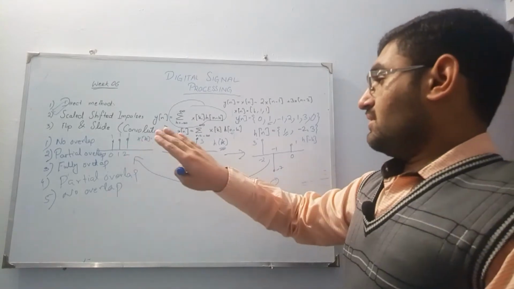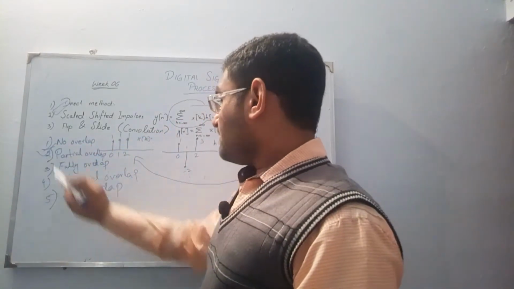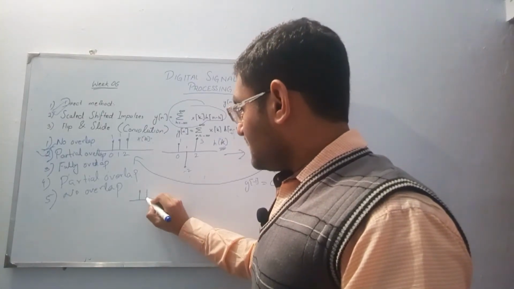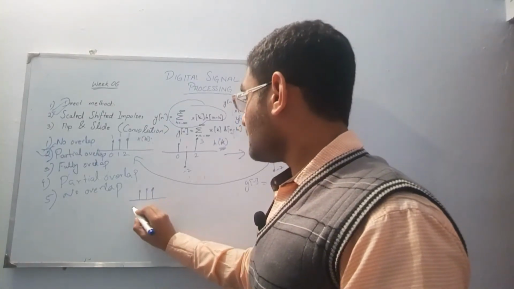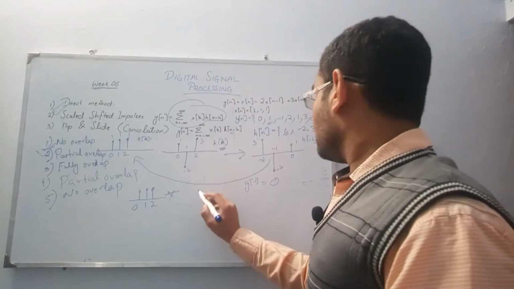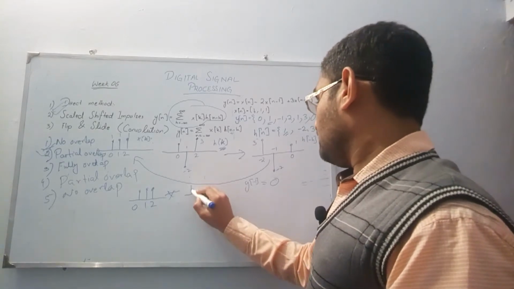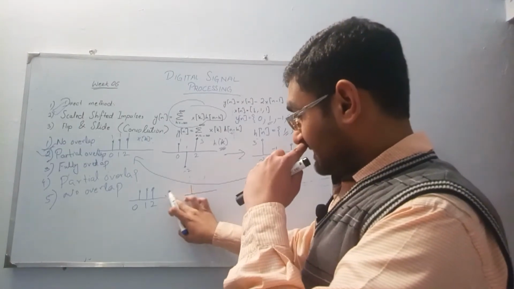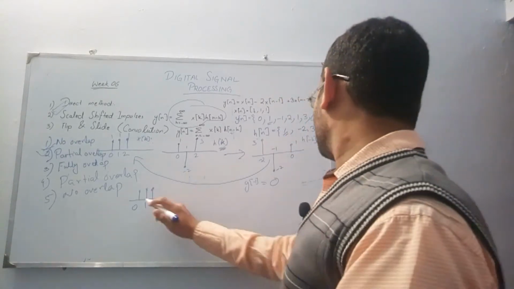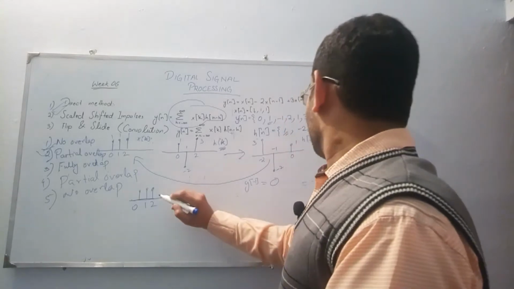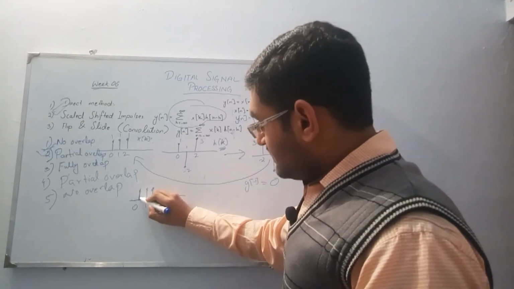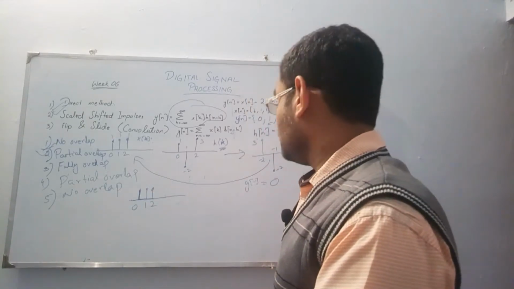So what will be the second case? Let me draw this signal here. When I convolve this signal with this one, in the second case, let me draw it over there. As you can see, I'm using the other marker.